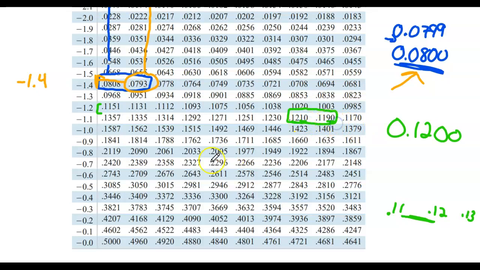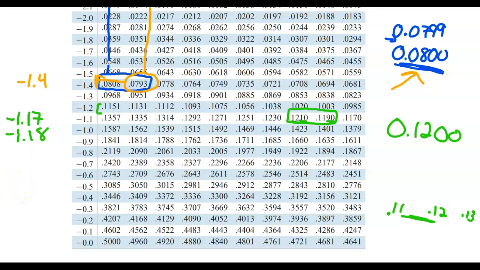This one is actually also 10 points away. They are equal distance apart. So in this case, I'm going to find both values. This would be a negative 1.17, and the other one would be a negative 1.18.